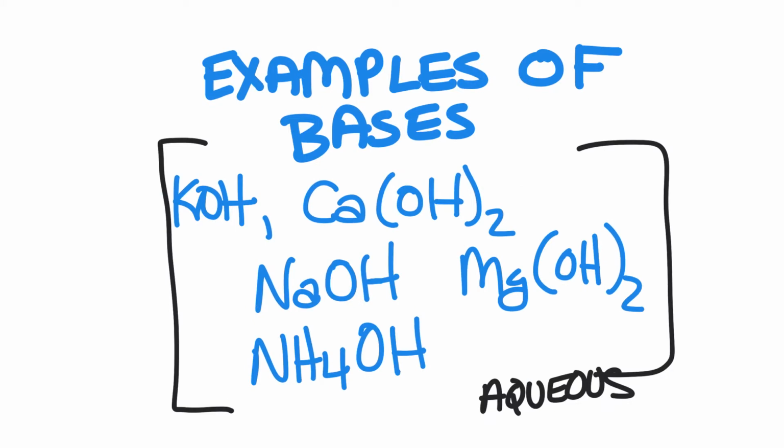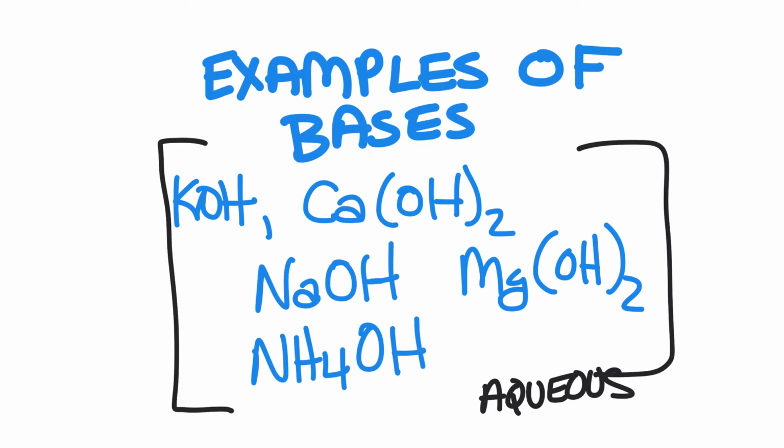Okay, here are some examples of bases or alkaline materials. Potassium hydroxide, calcium hydroxide, sodium hydroxide, which is a main staple in many manufacturing and chemical processes, magnesium hydroxide, and here's one, ammonium hydroxide, right? So you can see these are metals, and here's my ammonium ion.